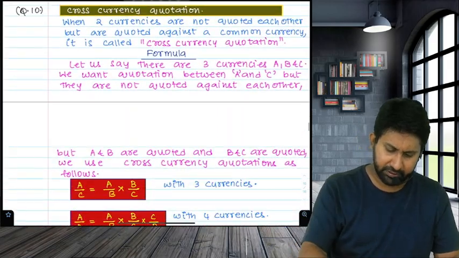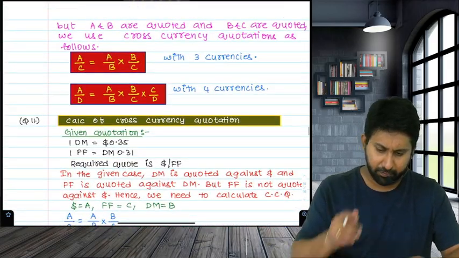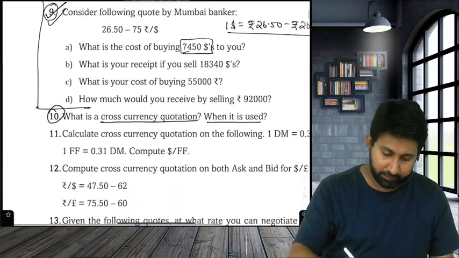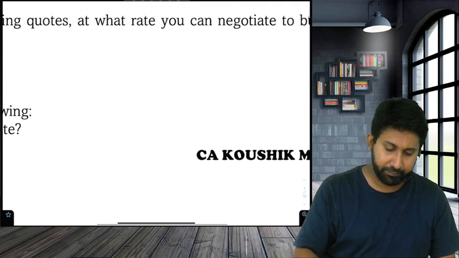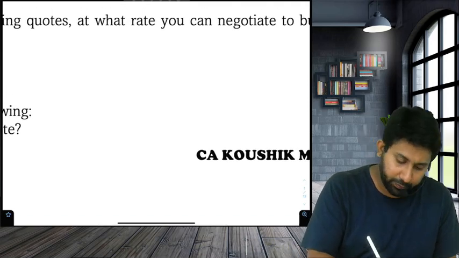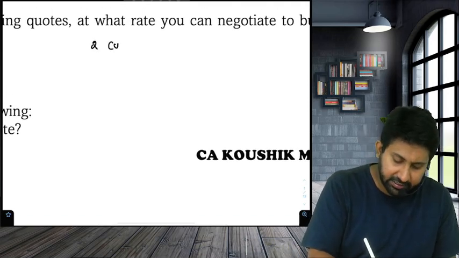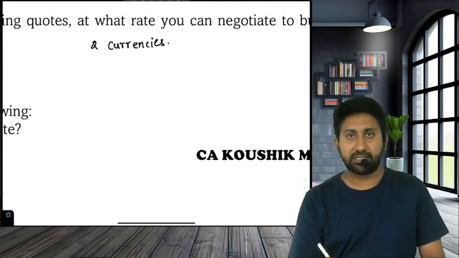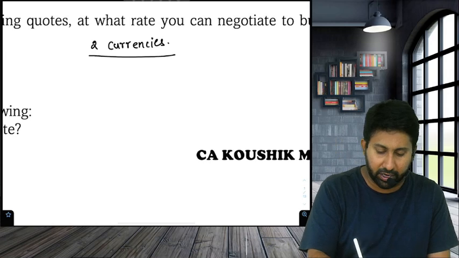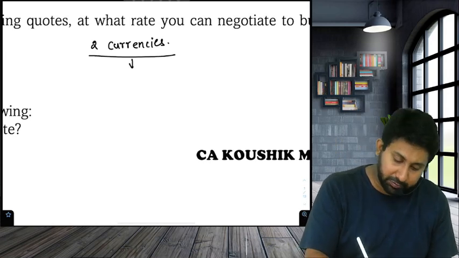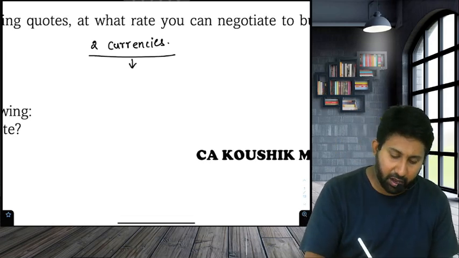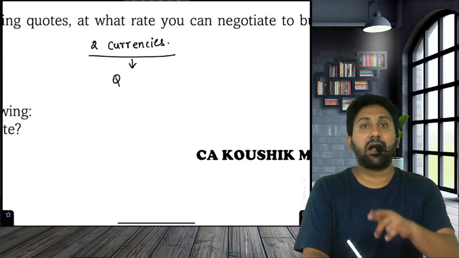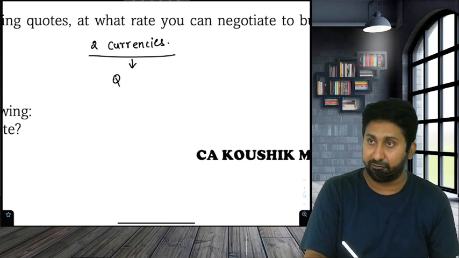See here, I will write here, when two currencies are there. When there are two currencies, and these both currencies are not quoted against each other, then we can't express a foreign exchange itself.